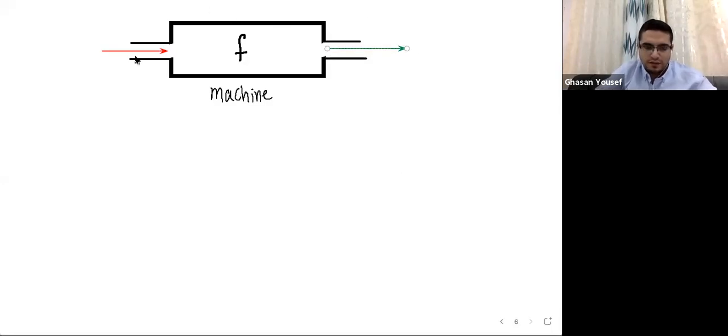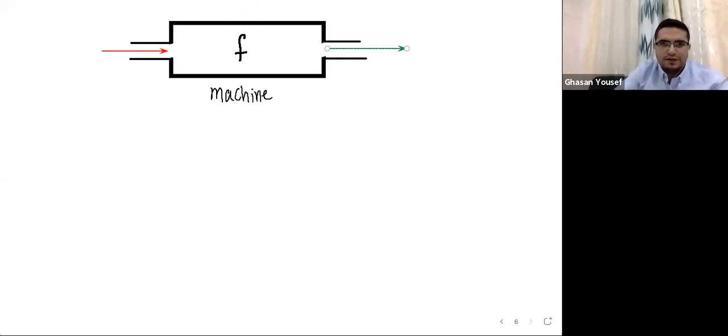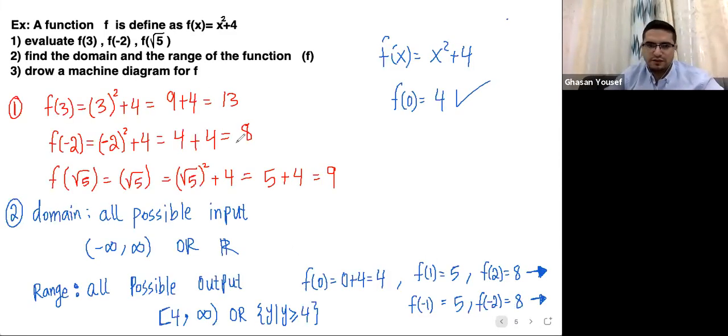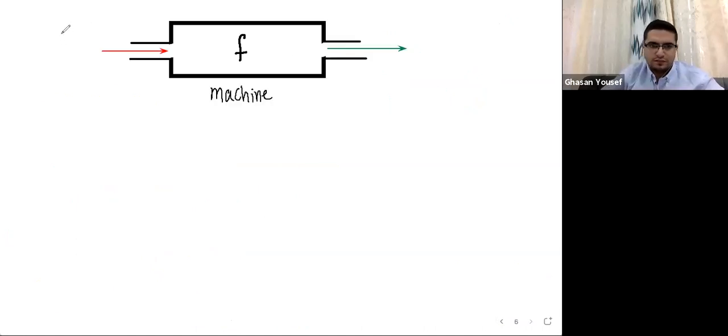The input here is x. The input is from minus infinity to infinity, which is R. x belongs to minus infinity to infinity.